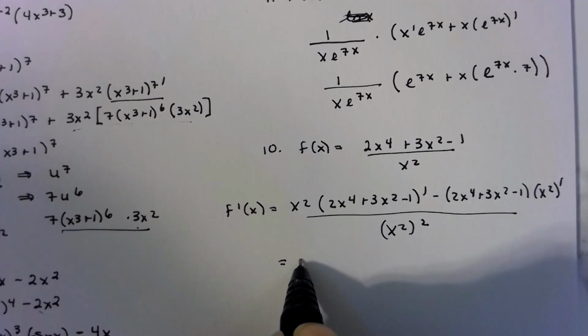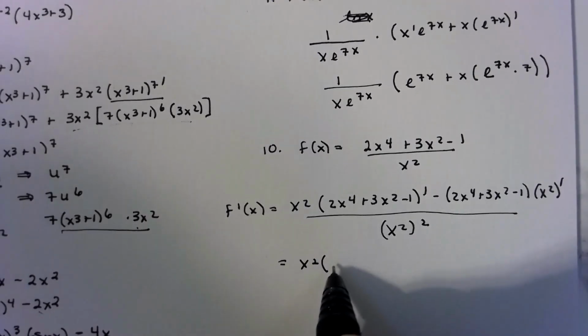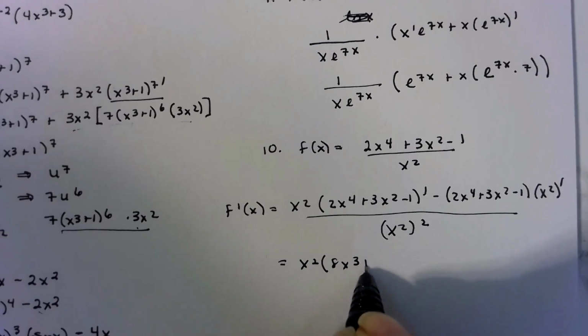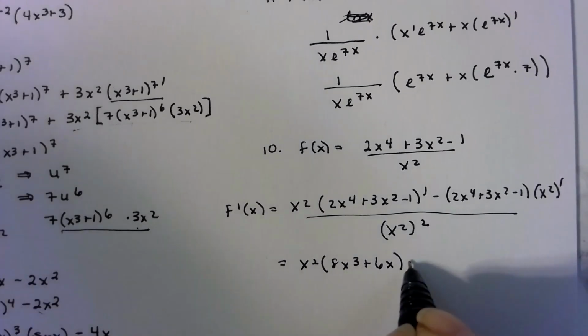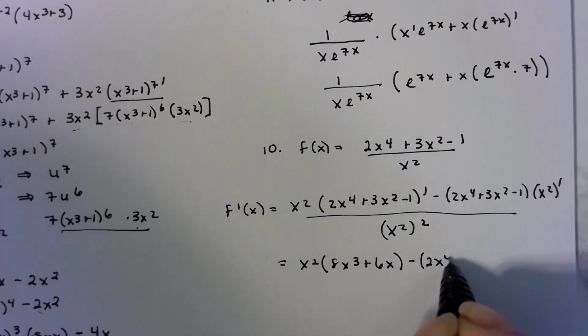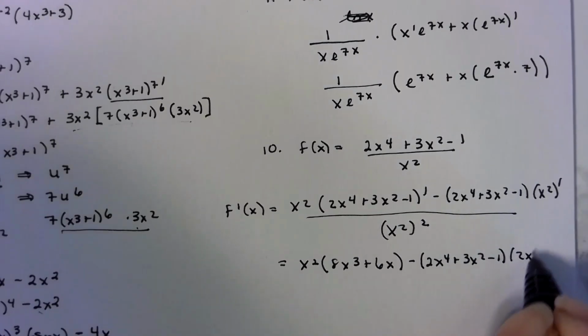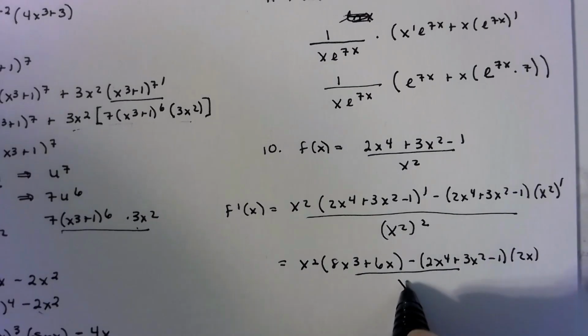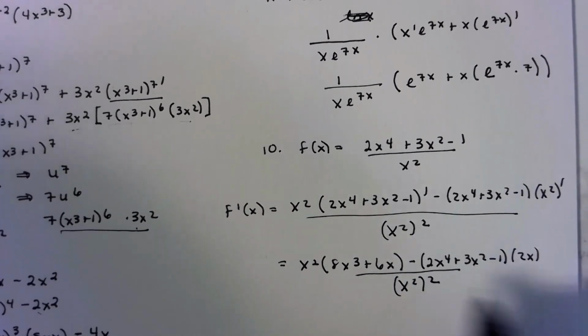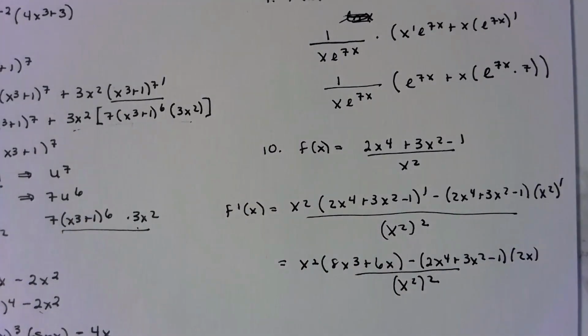So that's going to be x squared. Now the derivative of high is easy. It's all power rule. It's 8x cubed plus 6x, minus high. The derivative of low is just 2x, nice and simple, over low squared. And you're done.